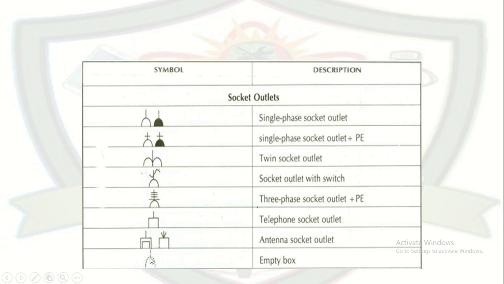So this is MPT box. This MPT box is available for sockets. So if you want to add a socket, you can use this kind of option on the drawing.